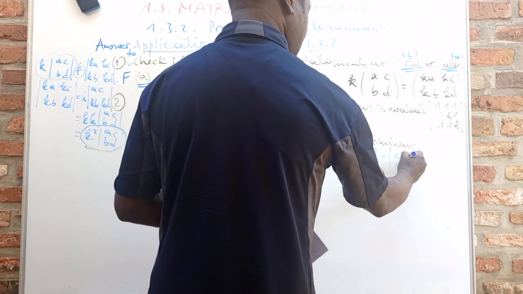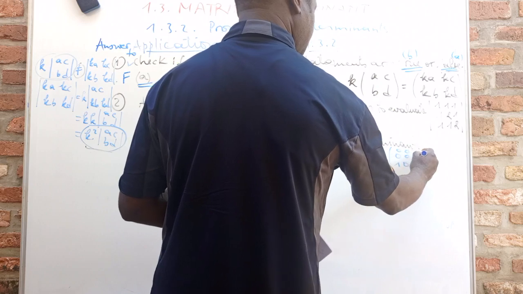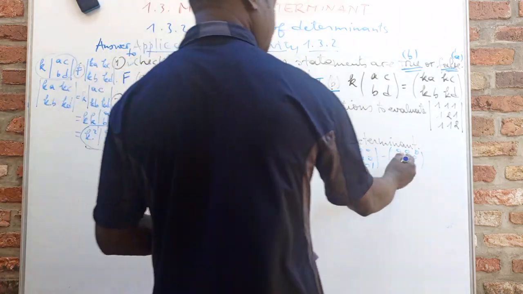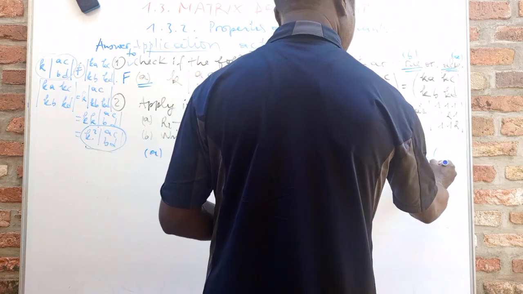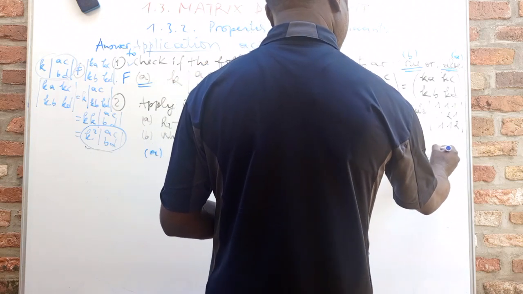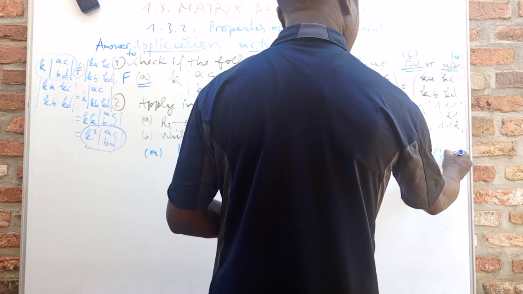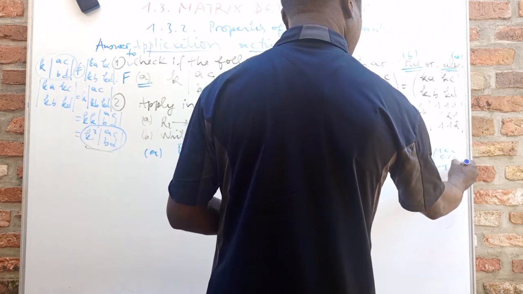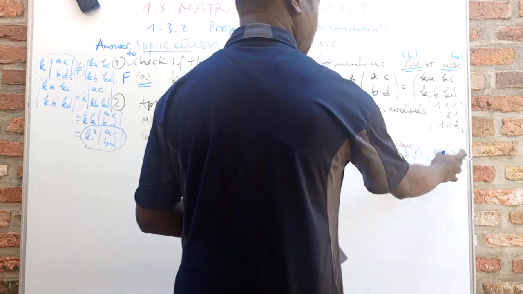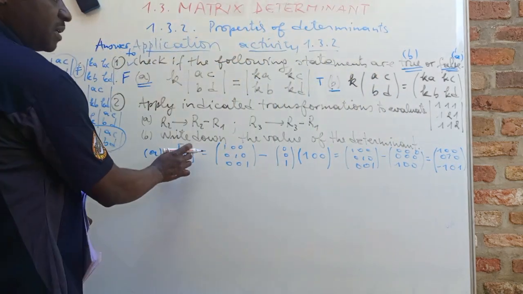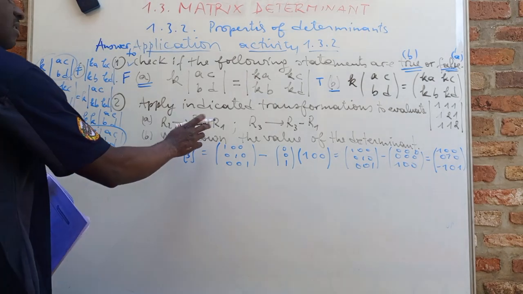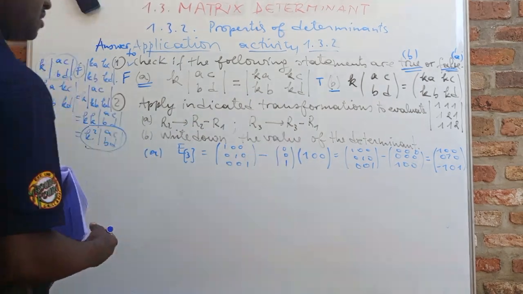After matrix multiplication of this, you get the matrix 1 0 0, 0 1 0, negative 1 0 1. We know that this kind of matrix has determinant 1, so the determinant is not changed.